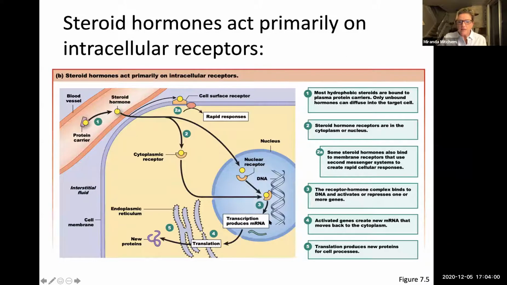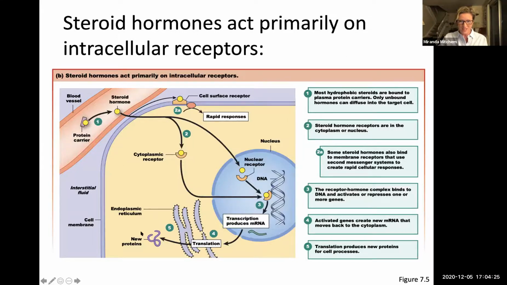It does result in the transcription of messenger RNA, and then that moves out through a nuclear pore to the cytoplasm, where it then goes to the rough endoplasmic reticulum so that it can complete its process of translation, resulting in the production of a new protein that is produced in the target cell.